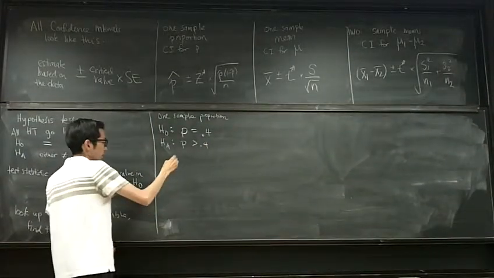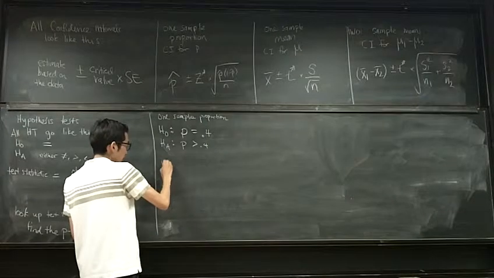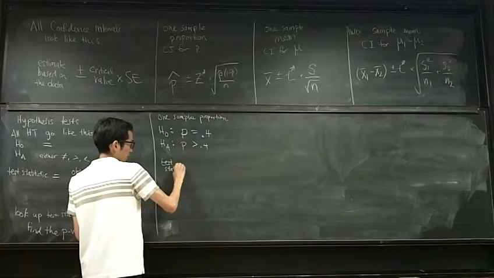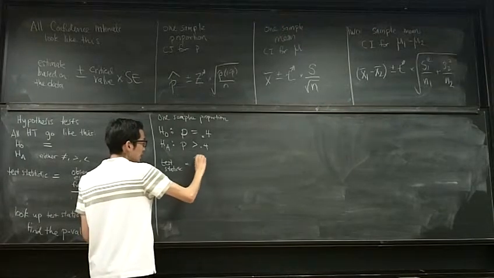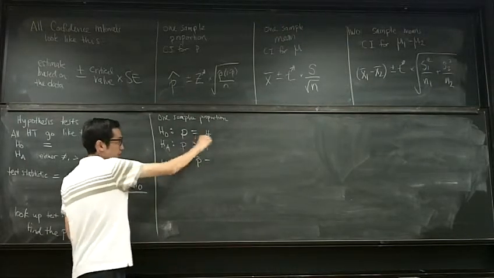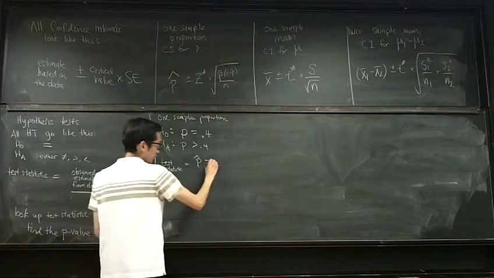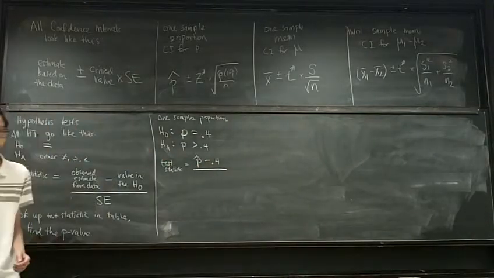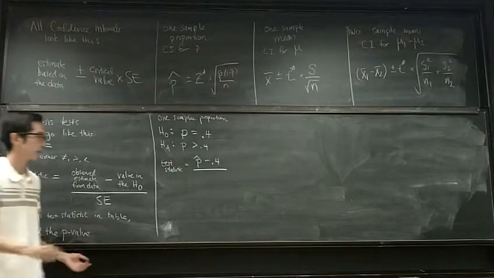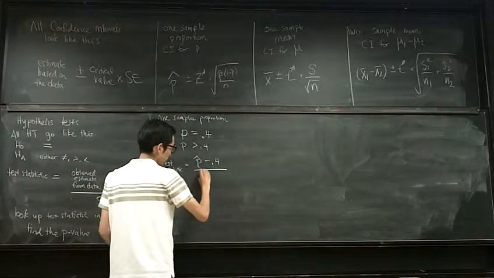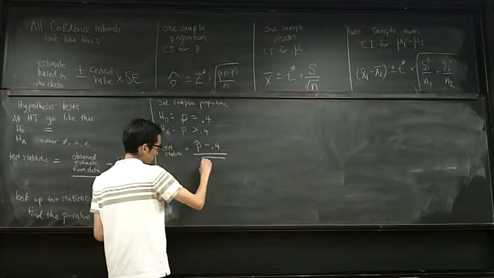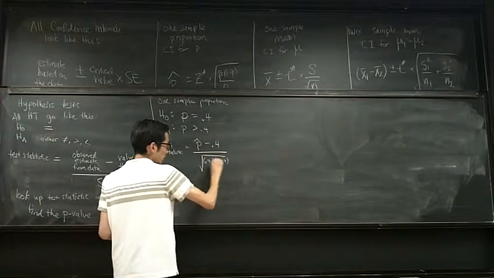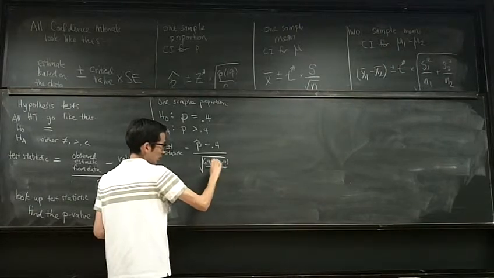Then your test statistic is equal to P hat minus whatever number shows up in your null hypothesis, 0.4, divided by the standard error. What's the standard error? You go 0.4 times 1 minus 0.4, divided by n, and take the square root.